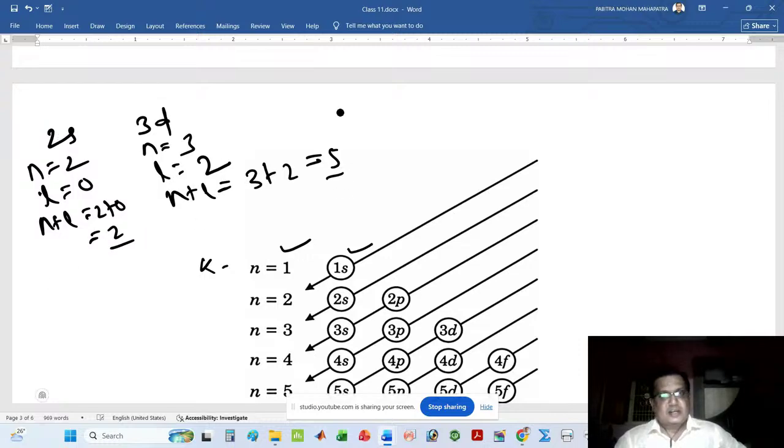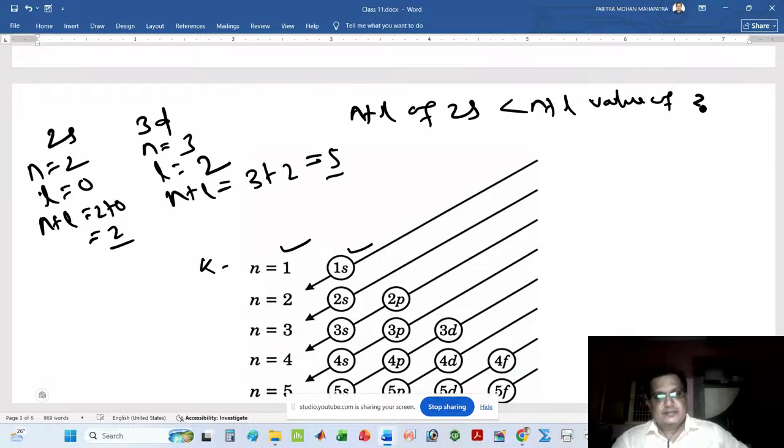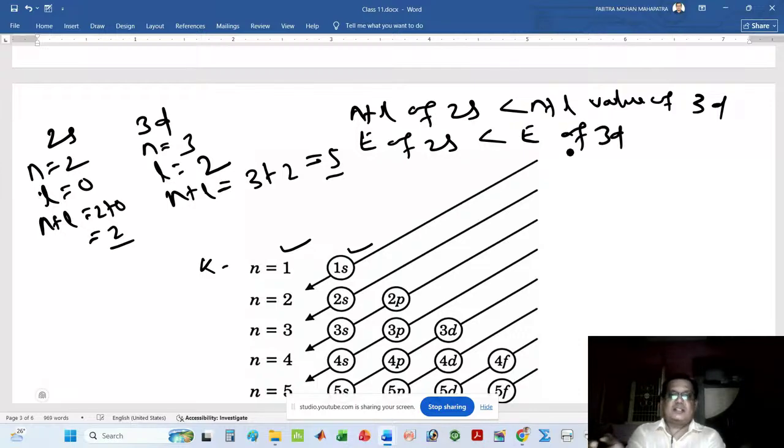For 2s, the n plus L value is 2, and for 3d, 5. That means the n plus L value of 2s is smaller than the n plus L value of 3d. Are you getting my point? That means the energy of 2s is smaller than the energy of 3d. So the electron will fill first in 2s, then 3d.